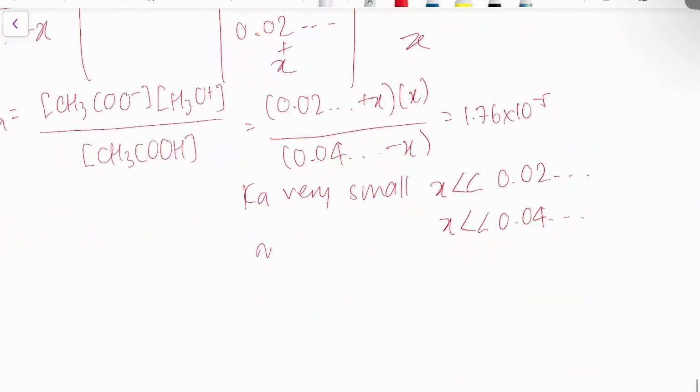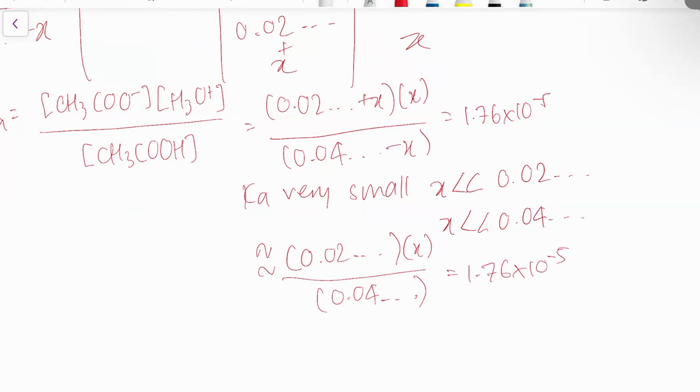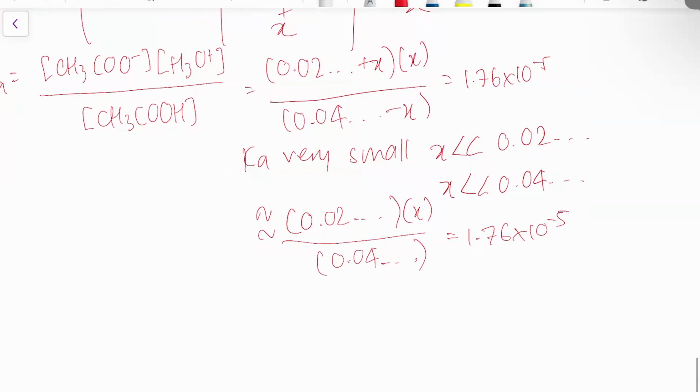So this becomes approximately 0.02, whatever your decimals are, with x, and then 0.04. It's 1.76 times 10 to the minus 5. So for me to solve for this, I need to multiply that number starting with 0.04 and then divide that number starting with 0.02.